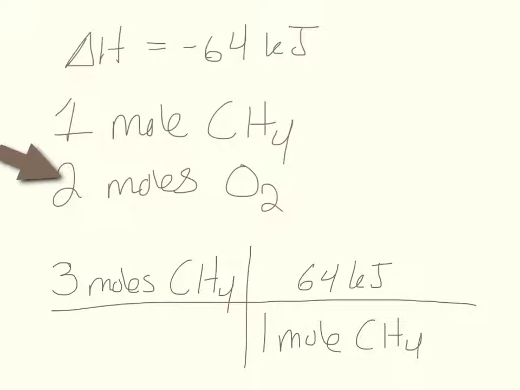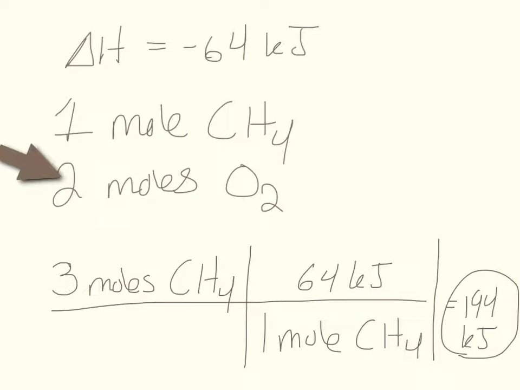So we can use this to our advantage. We can multiply this, and we end up with what? 3 times 60 is, make a guess, 180. And 3 times 4 is, make a guess, 12. If we add 180 and 12, we get 192 kilojoules of energy released when 3 moles of methane is combusted.